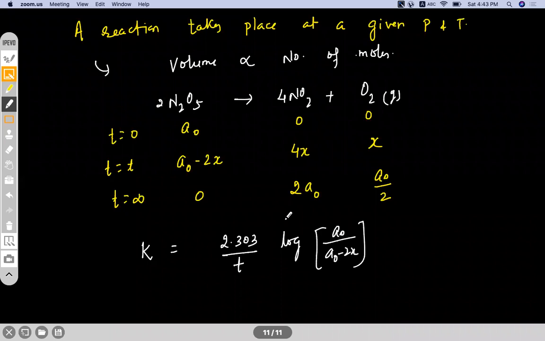Correct? So at any time t, the amount of N2O5 converted into O2 is this, because we have only one gaseous product, O2. So x is the amount of O2 we have at time t. I'm assuming that corresponding to x we have a certain volume, that is Vt.